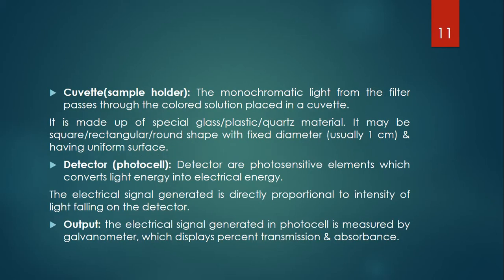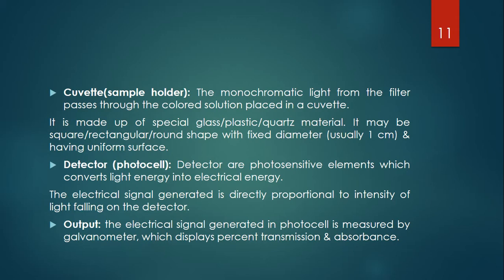Next is sample holder, that is cuvette. Cuvettes are used to hold our sample solution. They are made up of special glass, plastic or quartz material. But as we are dealing with the visible spectrum, glass or plastic cuvettes are also sufficient.